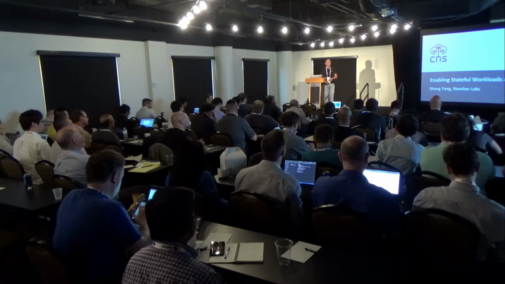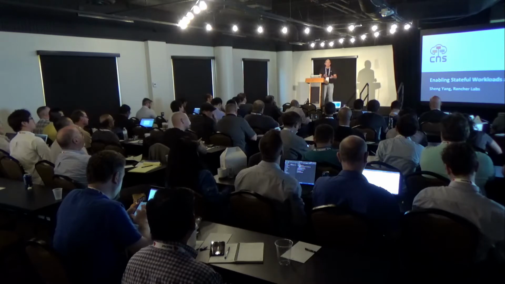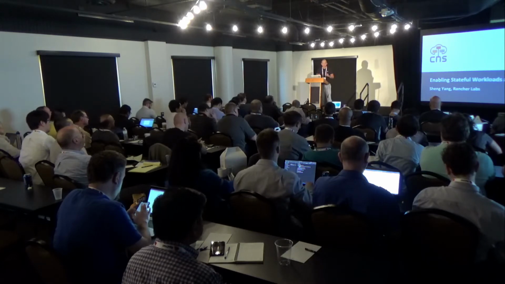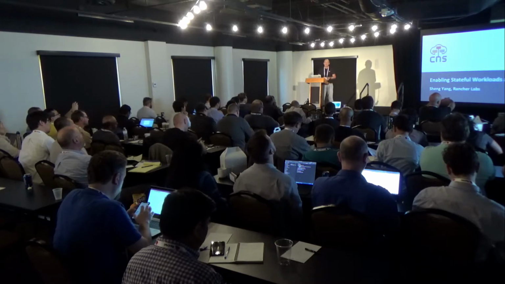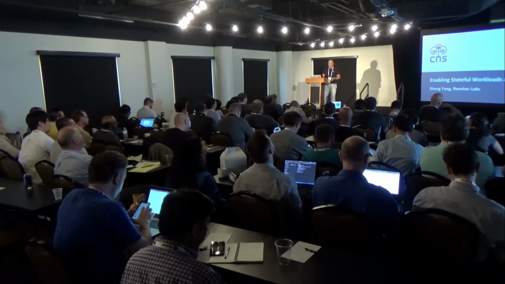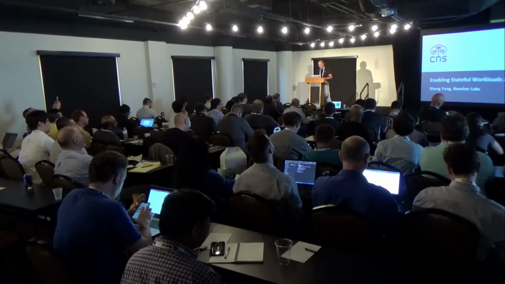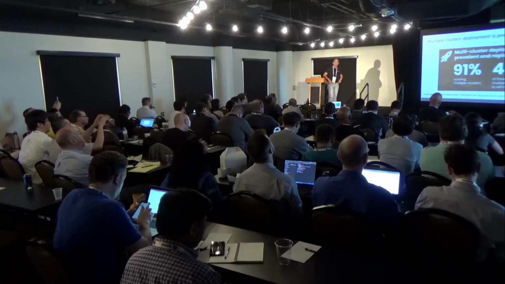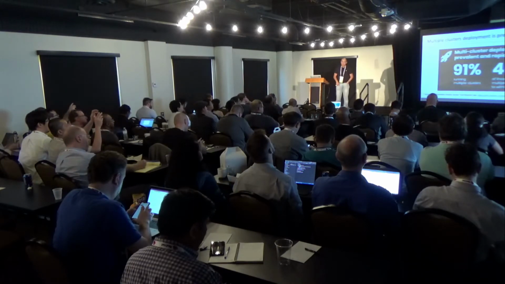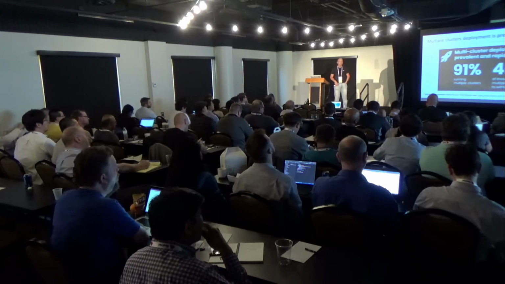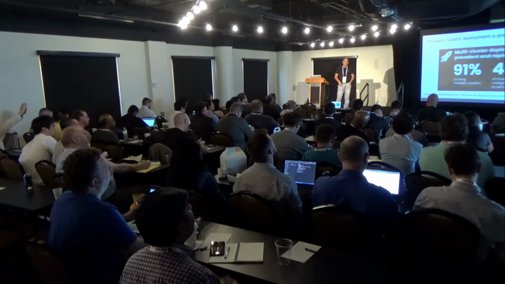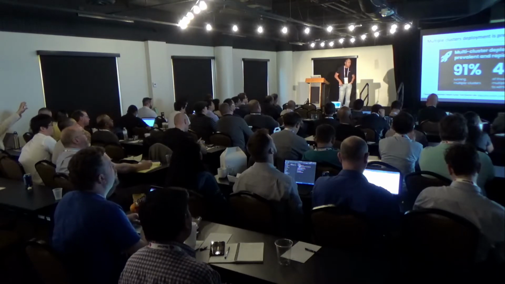But what's the status of, say, the Kubernetes users regarding the multi-cluster management? Recently, Rancher Labs sent out an industry survey and got some interesting results. We found out that about 91% of the users we surveyed are already running multiple clusters, with or without Rancher.